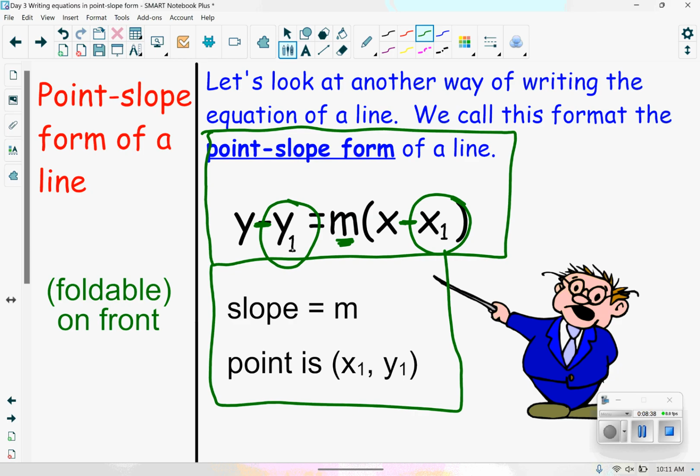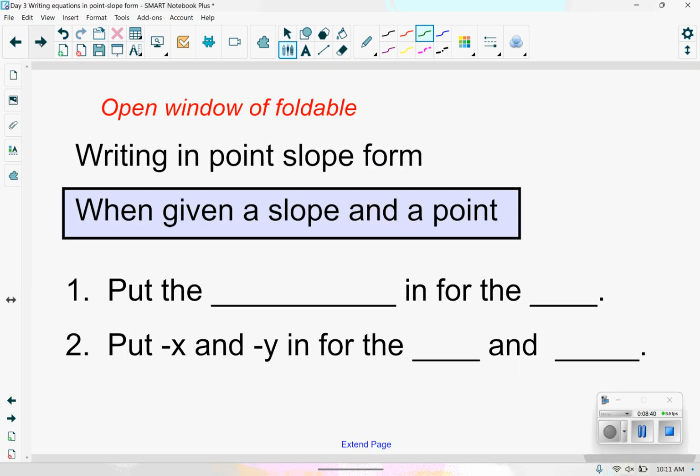So let's do some. Actually, open the fold of your third column there. And it says writing in point slope form when given a slope and a point. So here's what you want to write in there.